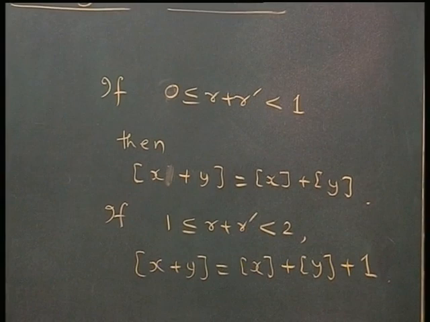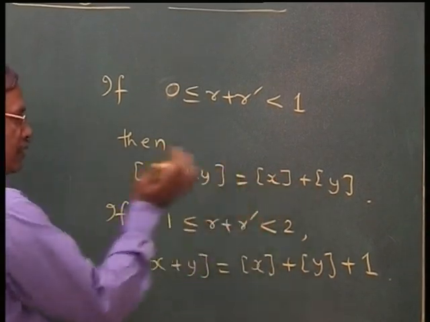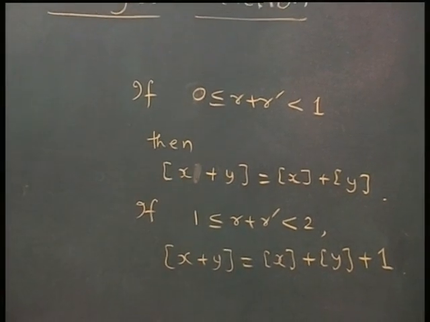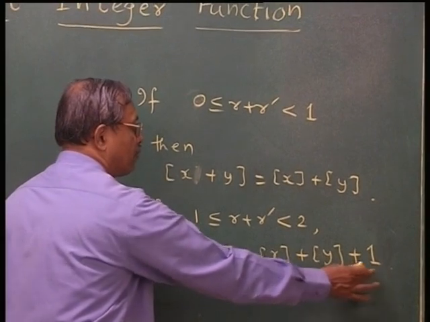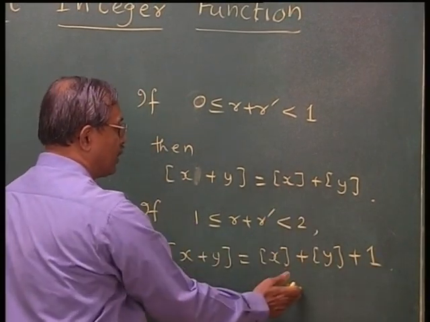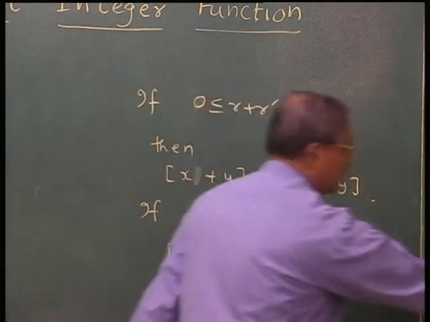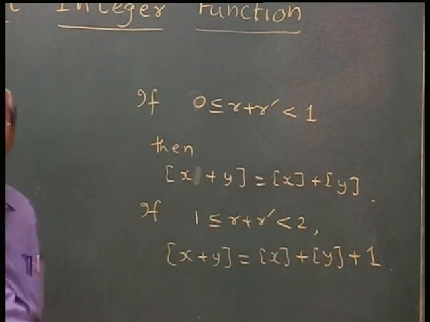So, integral part of x plus y has either this value or this value. Either it is integral part of x plus integral part of y, or integral part of x plus integral part of y plus 1. In any of these possibilities, you see that integral part of x plus y is less than or equal to both these.